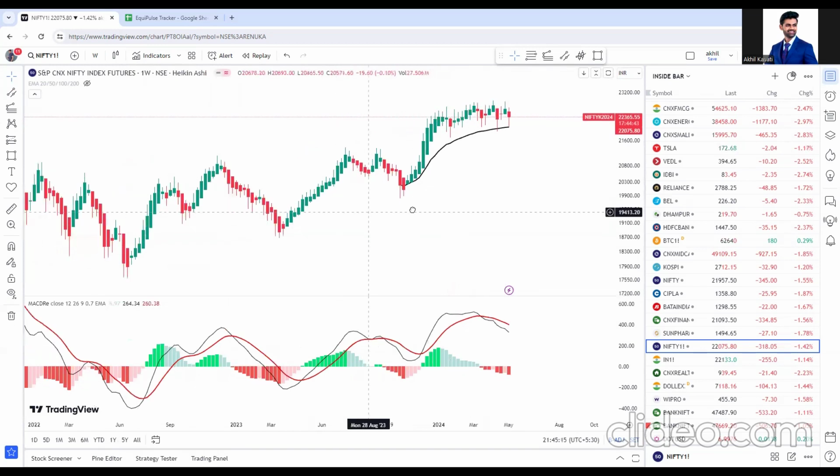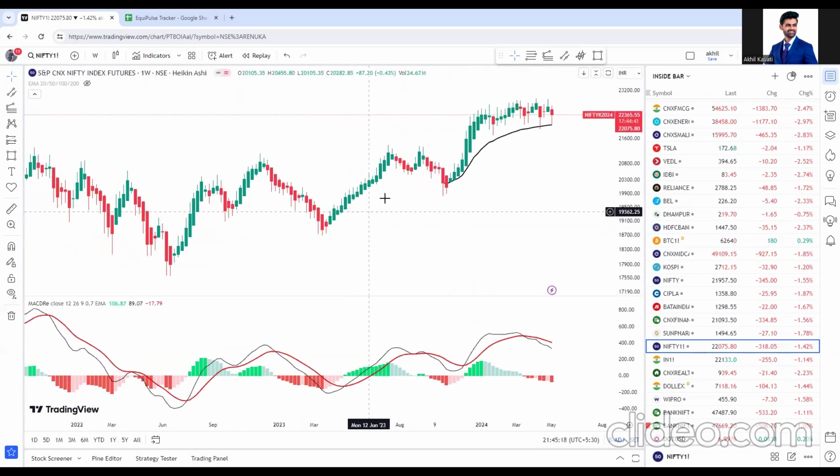What these do is clear out the noise in the candle. So here you see a clean uptrend, clean green bars, and then your red bar. This is one of the advantages of Heikin-Ashi, to put it in one point. It takes the average price of the day, which is how you see such a clean trend here.